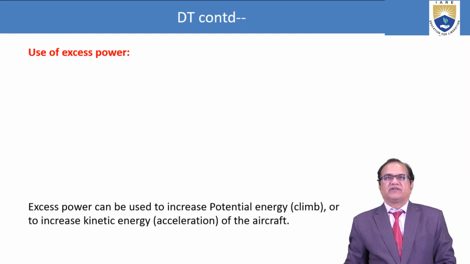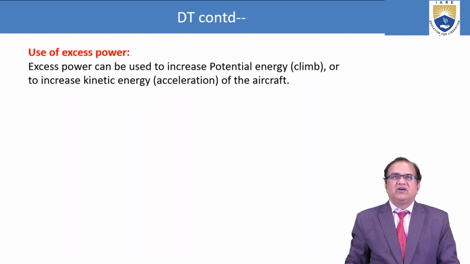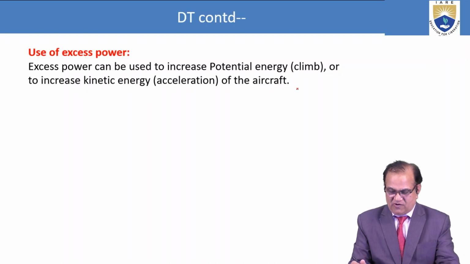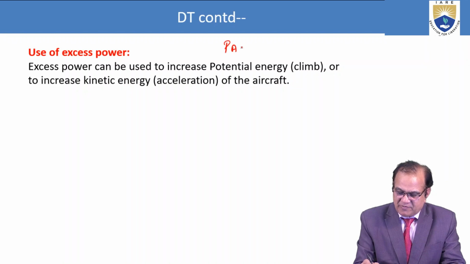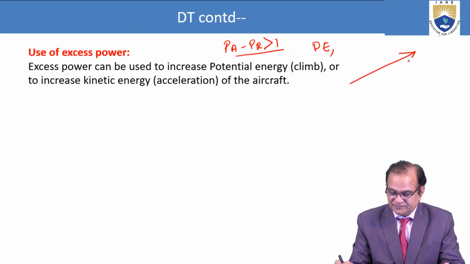Use of excess power. Excess power can be used to increase potential energy, that is the climb, or to increase kinetic energy, that is acceleration of the aircraft. So if you have excess power, meaning PA minus PR is greater than zero, then you have potential energy increase, meaning it starts climbing, or kinetic energy increase, meaning speed is increased.